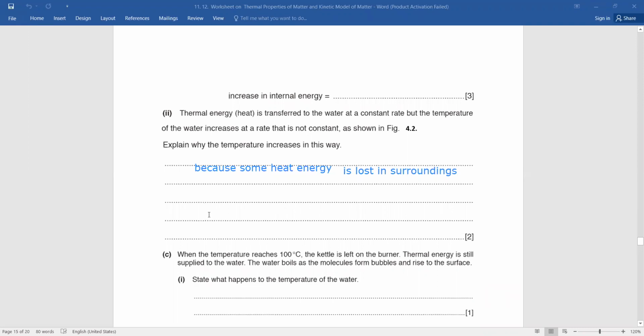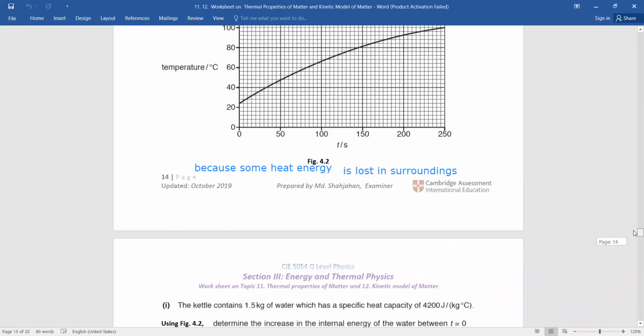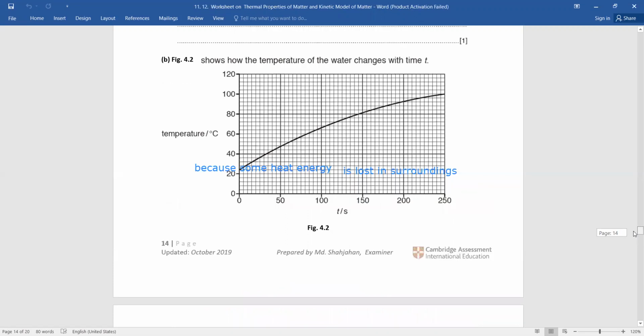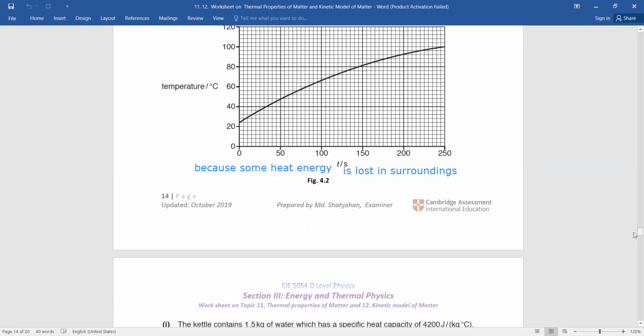And the second point is, you have to understand the diagram first, and you have to also understand one thing: in our surrounding area, if the temperature is, like, our room temperature is 30 degrees Celsius, and the temperature of the hot body or the object which is very hot is 50 degrees, then you have the rate of change of temperature or the heat loss.